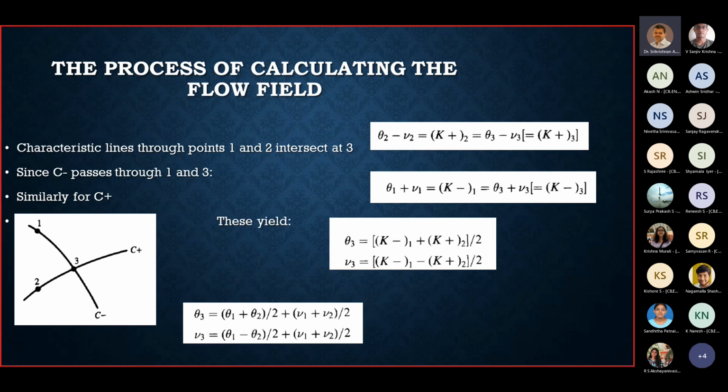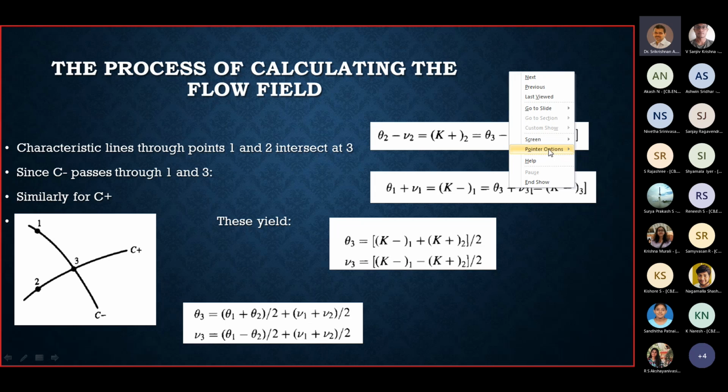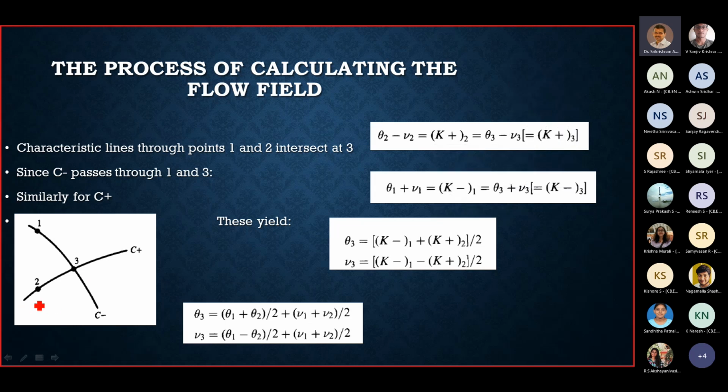Now, based on this approach of formulation, the solution proceeds like this. I'll try to explain that with the sketch here. As mentioned earlier, we start off with some initial points where the values are assumed to be known.